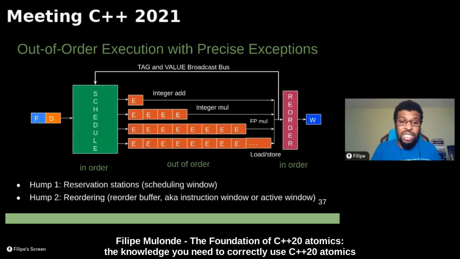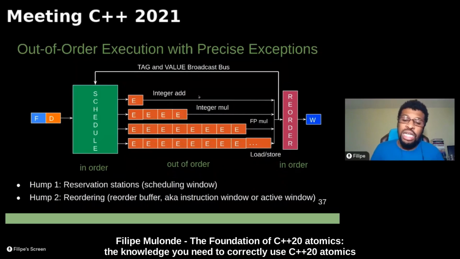At the reservation station, when the operands of the instruction are ready, we can move the instruction into a functional unit, right? And we have multiple functional units. We have integer addition, integer multiplication, floating point multiplication, and so on.